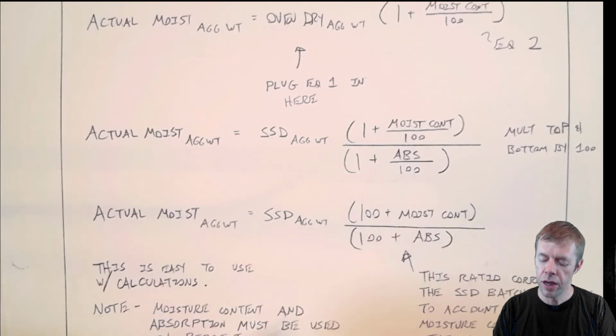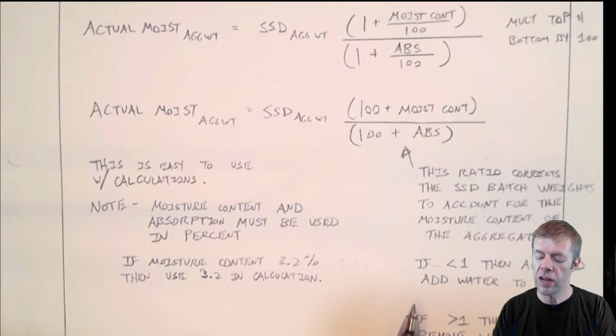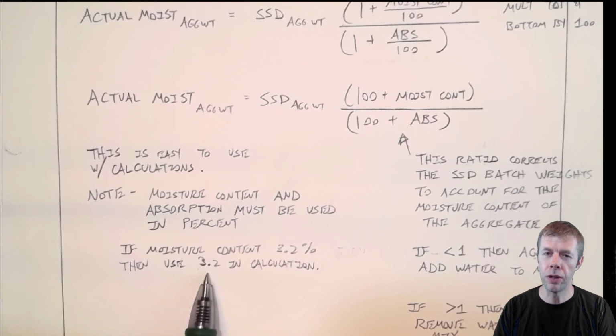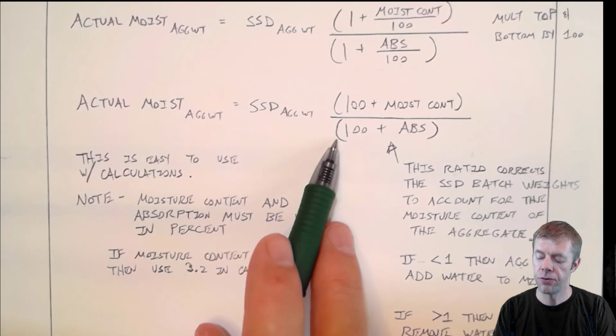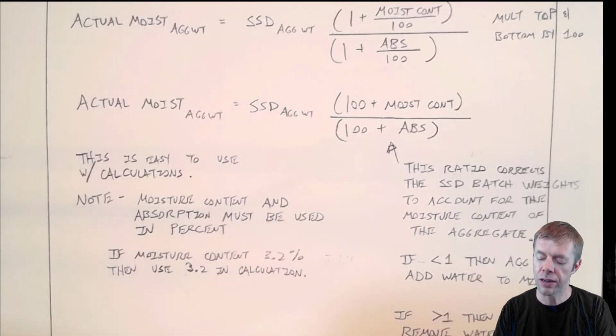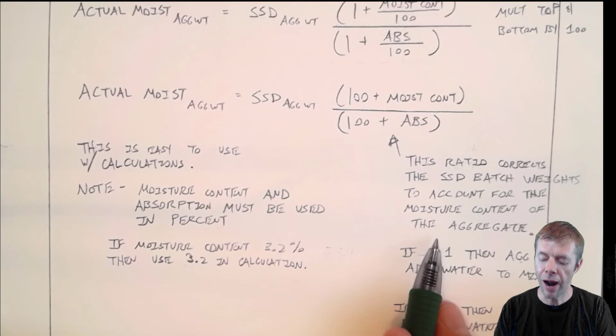Note, to do this, the moisture content and the absorption that you plug in has to be used in terms of percent. So if your moisture content was 3.2%, then you're going to use 3.2 in this calculation. You don't put the percent sign in. The hundreds have already been taken care of for you. And this ratio is going to correct the SSD batch weight to account for the moisture content of our aggregates.